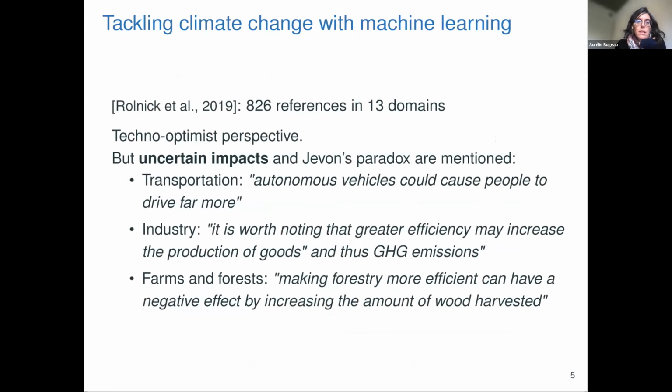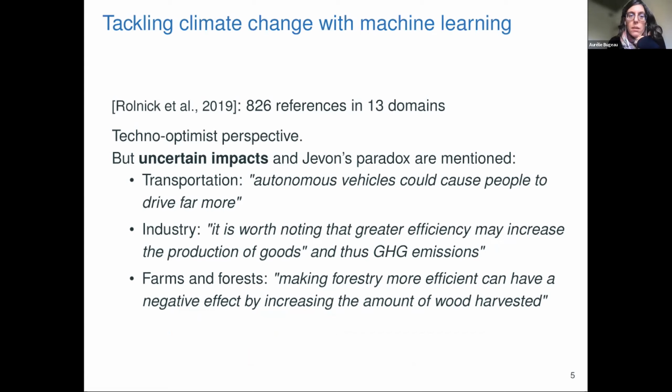So it's mostly a techno-optimist perspective, but in both papers, and in this one particularly, there are some uncertain impacts and Jevons paradox. So those are also the rebound effects that were discussed, that were just asked about by someone just before. They are mentioned, those rebound effects, indeed.